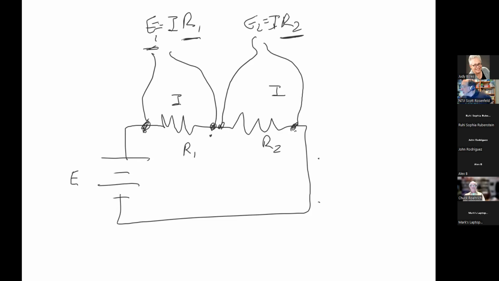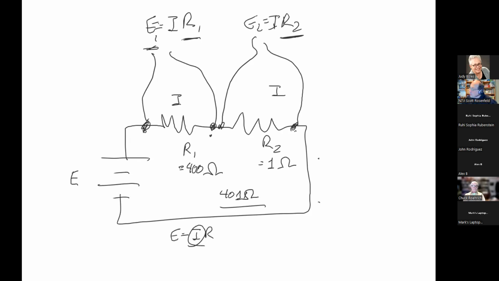Because in that case, I could say R1 is my extension cord, and we could say that this is 400 ohms, and R2 is 1 ohm. The total is 401 ohms. You just add them together, and you can then do E equals I times R and figure out what the overall current would be.